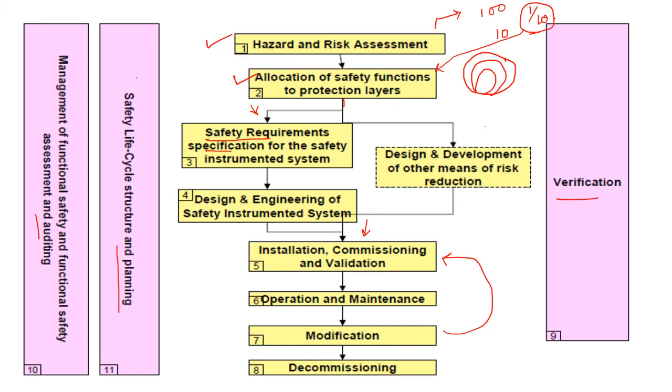Another thing is assessment. Verification can be done by anybody, but the assessment should be done by an independent person, and there is a competency defined in the IEC standard to check which person can do this functional safety assessment. This is a periodic job, with a frequency that can be decided by the management.